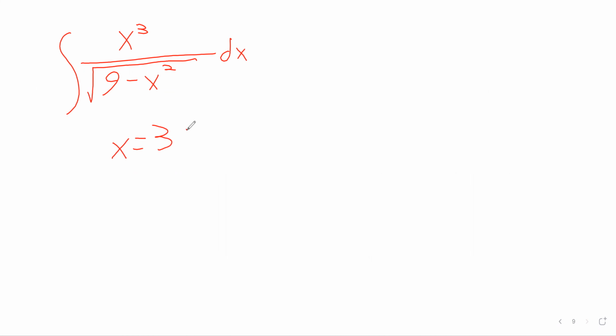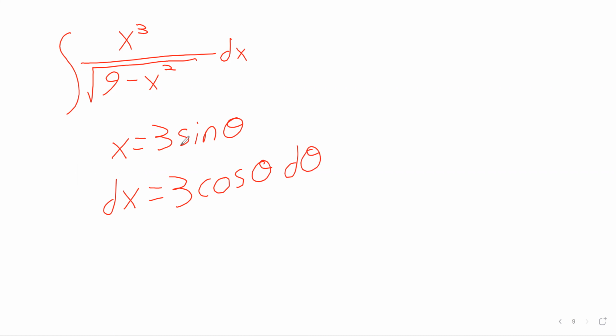So the recommended substitution that we might try here is x equals 3 times the sine of theta, then dx equals 3 times the cosine of theta d theta.